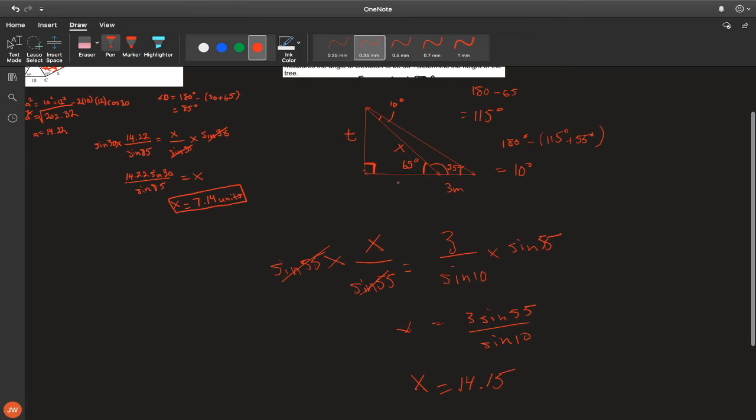If this is our reference angle, this is opposite, and this would be the hypotenuse. So opposite over hypotenuse is going to be sine. It's sine theta equals opposite over hypotenuse. So sine of our reference angle, which is 65, is going to be equal to opposite, which is t, over our hypotenuse, which is 14.15.